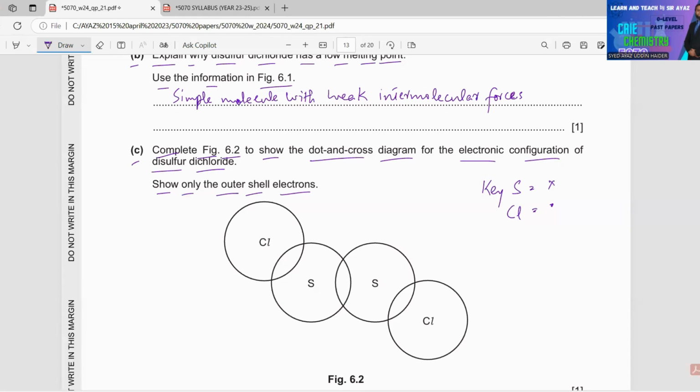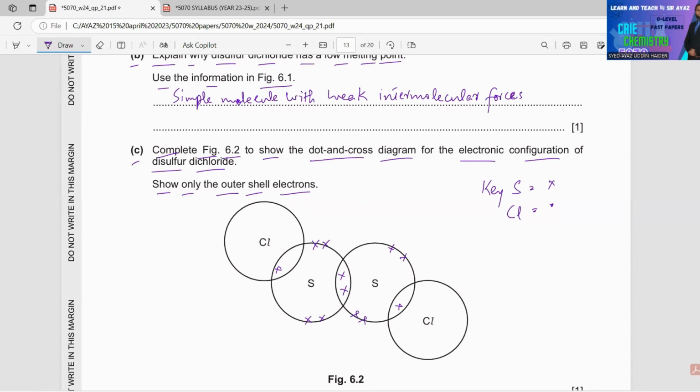So for the right hand side, 1, 2, 3, 4, 5, 6. There will be 6 valence electrons for this sulfur. Next sulfur, 1, 2, 3, 4, 5, 6. What about chlorine? Chlorine must be having 7 valence electrons.